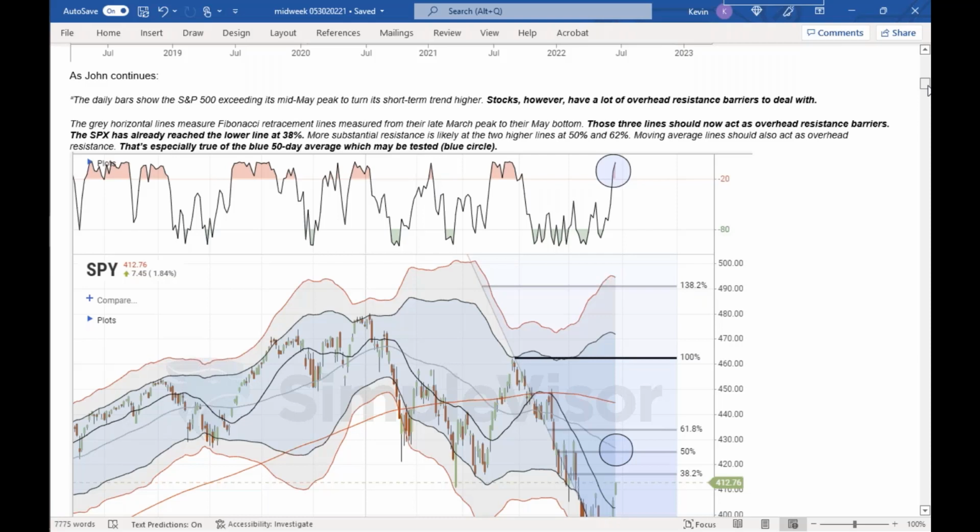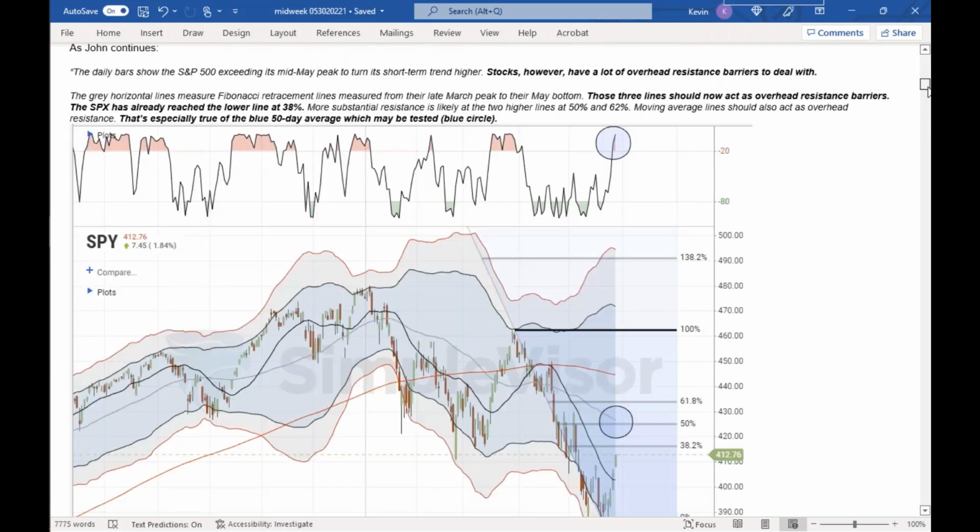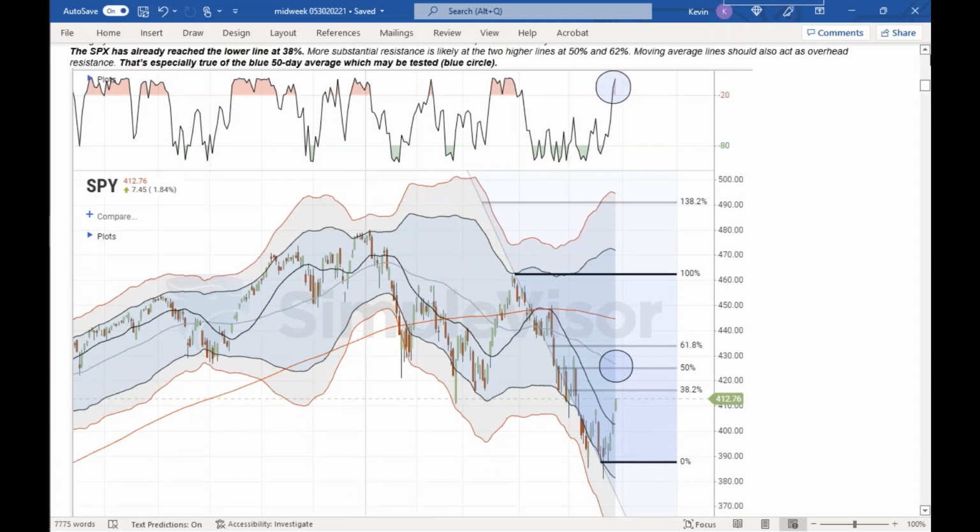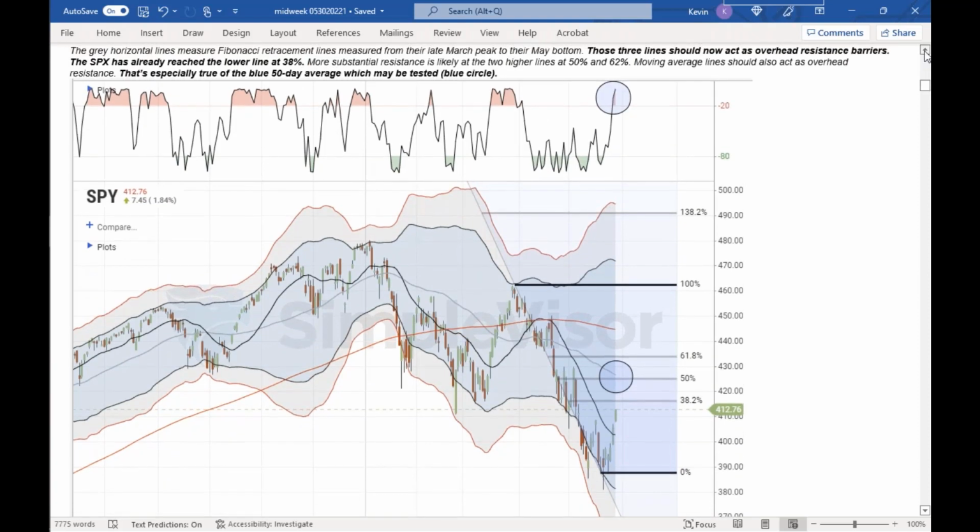But I do take a little bit of interest in regards to the Fibonacci. And this, I think, is going to be rather important because Fibonacci retracements happen all the time. If we just take a look at the SPX Fibonacci retracement, the gray horizontal lines measure the Fibonacci retracement lines measured from their late March peak to their May bottom.